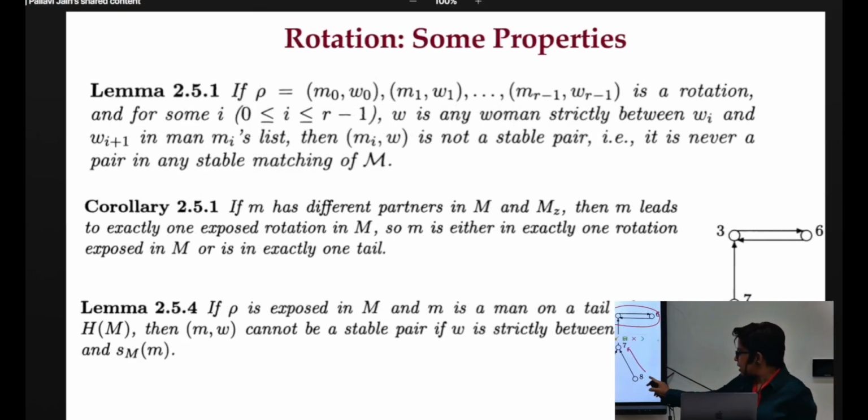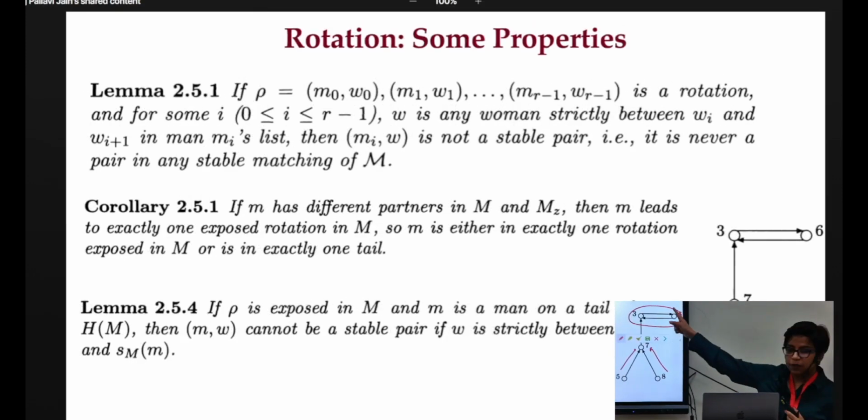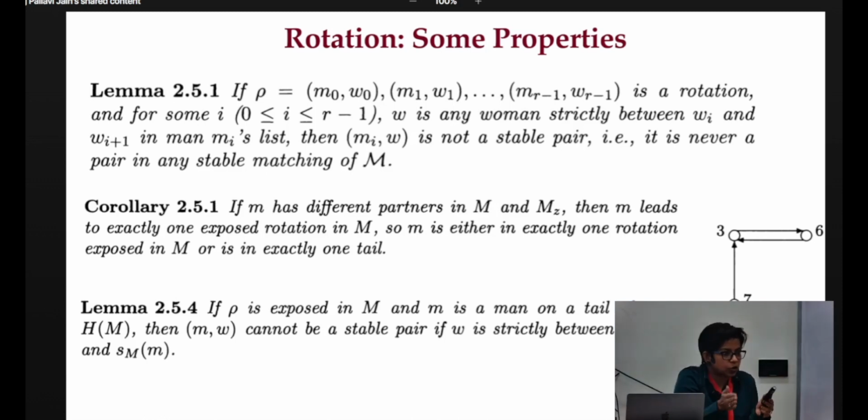So the property that we were talking about for the people who are actually participating in the rotation, that you cannot be paired with any woman who is between your current partner and your successor partner in any stable matching, holds not only for people who are participating in the cycle, but also those who are in the tail of the cycle. Okay?